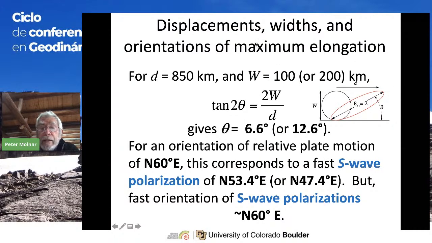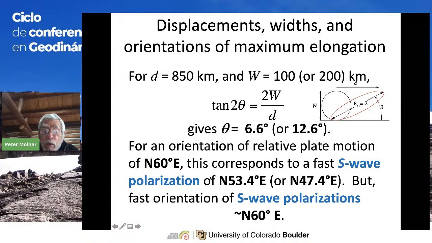So if we go back and do the same arithmetic that we did before, to remind ourselves, this is what we did with S waves. We found with S waves, and we put numbers like this in. If we say we've got widths of shear zones that are 100 or 200 kilometers, we predict orientations of this kind.